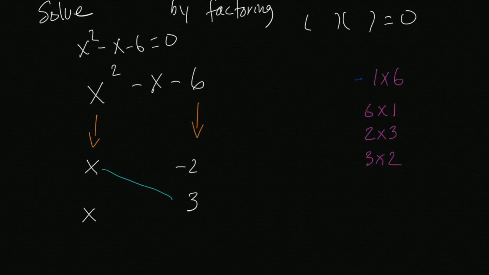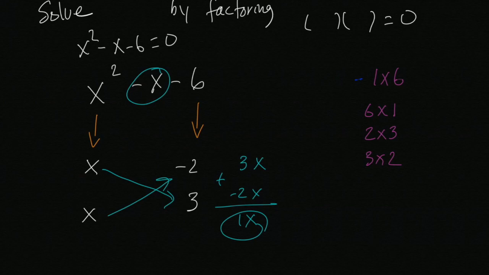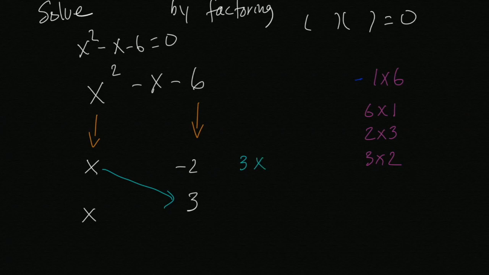So I go x times 3 is 3x, and x times negative 2 is negative 2x. When I add these together, I get 1x. And I noticed very quickly, I almost got the right answer. I have a 1x instead of a negative x. What that tells me is I just need to move the sign. I just need to take the minus sign here and put it down here.